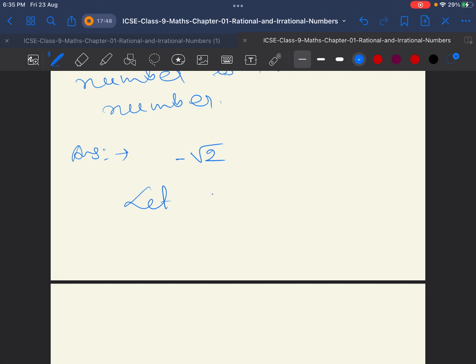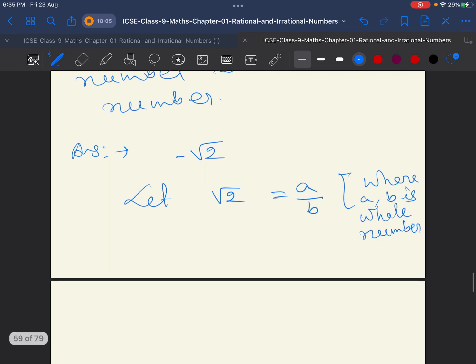Okay, so let root 2 equal a by b. Here a and b are whole numbers and b not equal to 0.